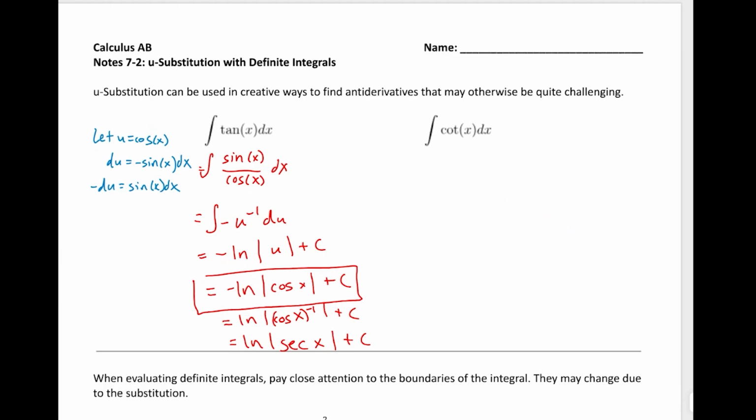You can use a similar u substitution to work out the integral of cotangent. All right, here, I can rewrite cotangent as cosine x over sine x.